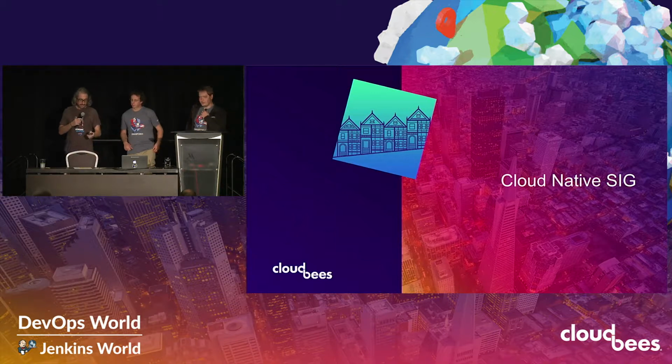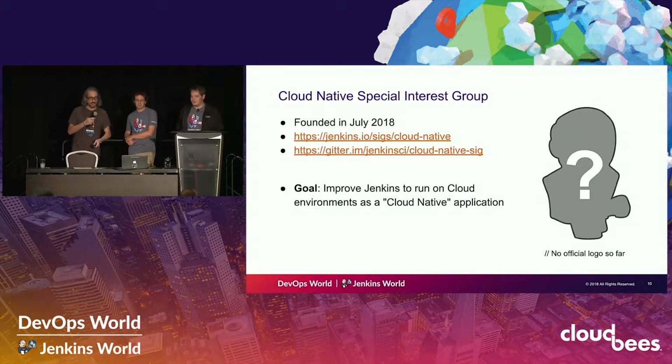Thanks, Oleg. I got the wrong one. So the Cloud Native Special Interest Group, or SIG, is a group that we founded this July. You can find there the URLs where we explain what the objectives are, where we meet, and where to reach people in the group.